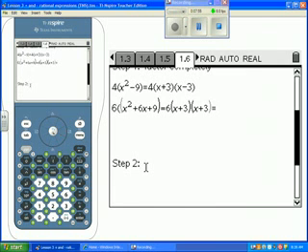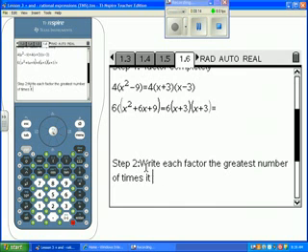Write each factor the greatest number of times it appears, and then simplify. So you're going to write each factor the greatest number of times it appears, and then you're going to simplify.